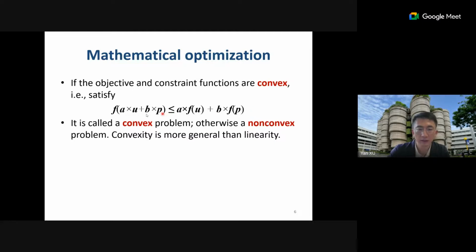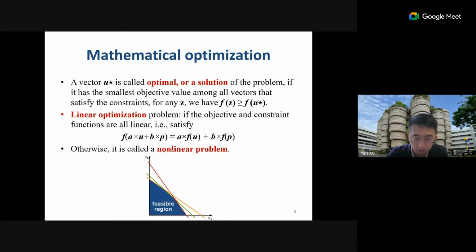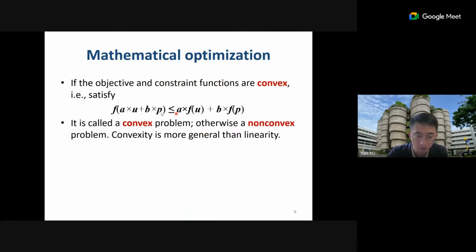Clearly, the linear property is a special case of the convex property, because linear means the left side equals the right side, and convex means the left side could be either smaller or equal to the right-hand side. So if both objective and constraints satisfy this property, we call this optimization model convex.